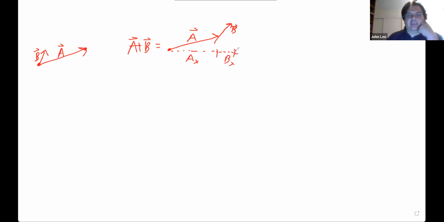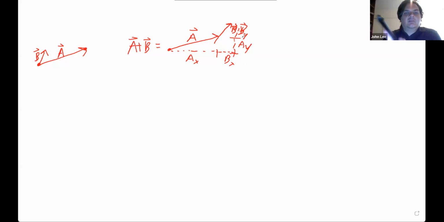And the same thing is going on with AY and BY. So you're just going along some distance in the X direction and some distance in the Y direction.